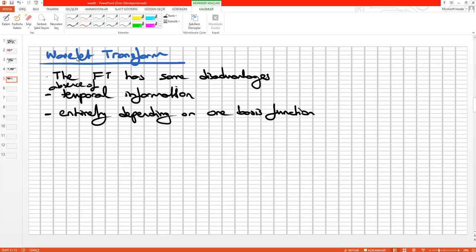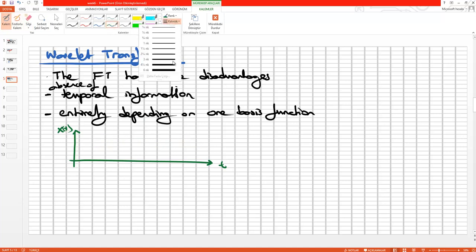So, in this definition, in a simple case, I think we need to create some x(t) signal here, like this one, with parameter t. And we suppose that we have this kind of information here.